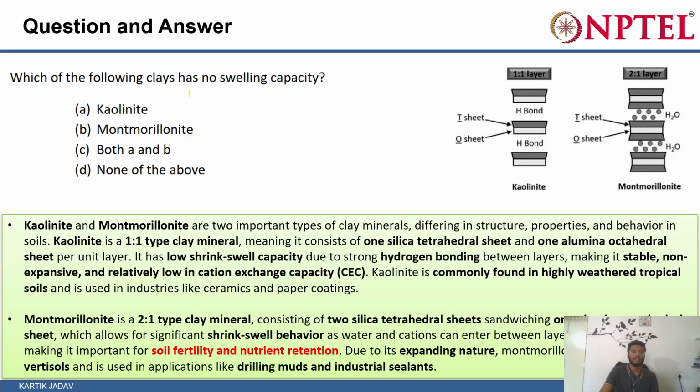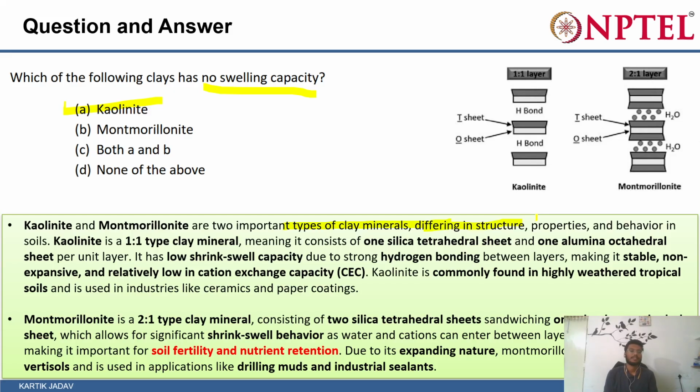Which of the following clays has no swelling capacity? Kaolinite, montmorillonite, A and B, or none of the above. Kaolinite has no swelling capacity. Why? First, let's understand: kaolinite and montmorillonite are two different types of clay minerals and differ in structure, properties, and behavior in soils.